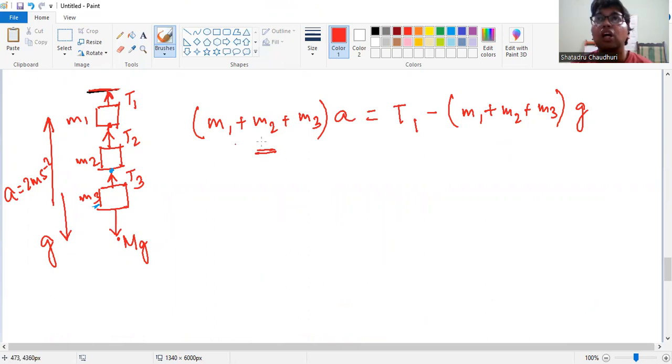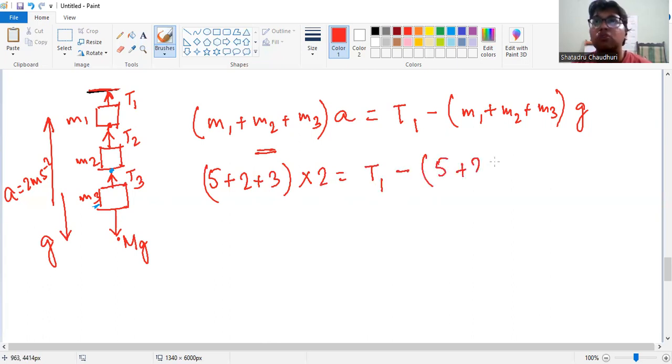Now we know the values of m1 plus m2 plus m3, that is 5 plus 2 plus 3, multiplied by 2 equals T1 minus 5 plus 2 plus 3 into 9.8. So in this case, T1 can be calculated easily.